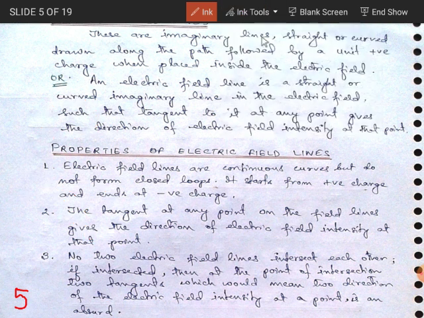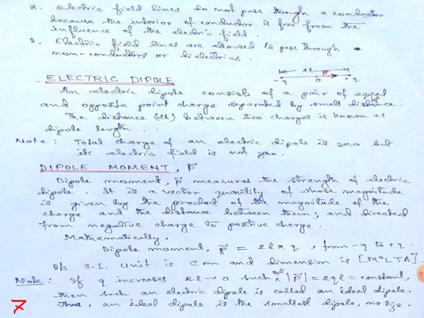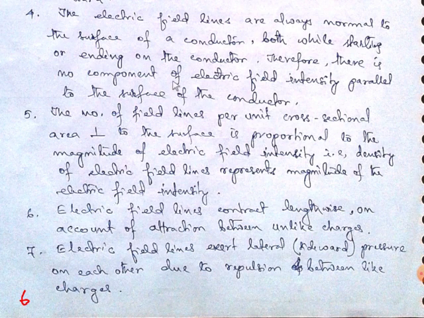Let's go to the next properties. There are many properties for electric field lines. Let's see. Yes. Number 4. The electric field lines are always normal to the surface of a conductor, while starting or ending on the conductor.